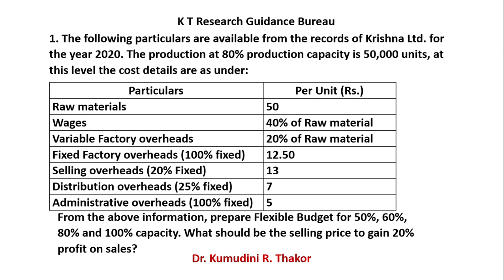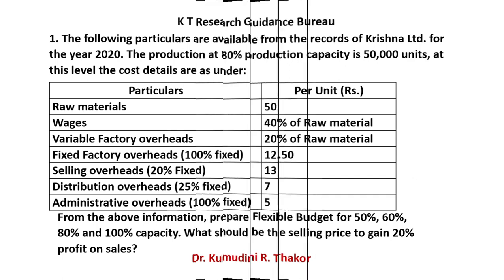Now, at 80% production capacity, the number of units is 50,000. So easily you can find out for other levels. How can we find out? Let's try to understand. 80% equal to 50,000. So 50% equal to 31,250.